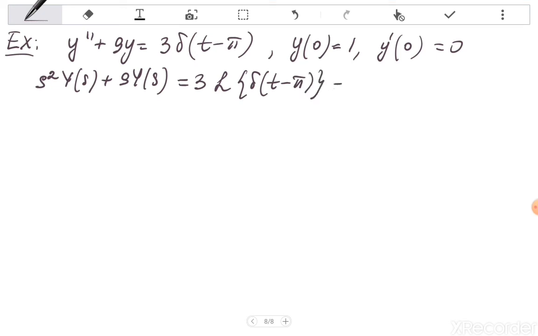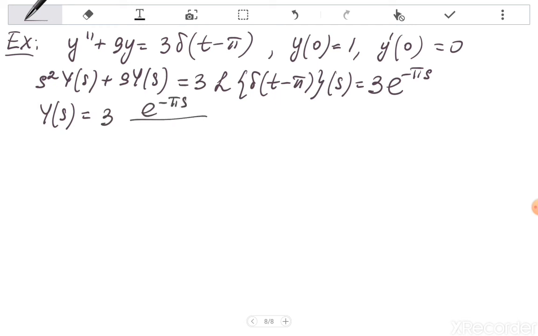We can show that at the point s, this is in fact 3e to the minus pi s. So now we can find Y(s), which is 3e to the minus pi s over s squared plus 9.